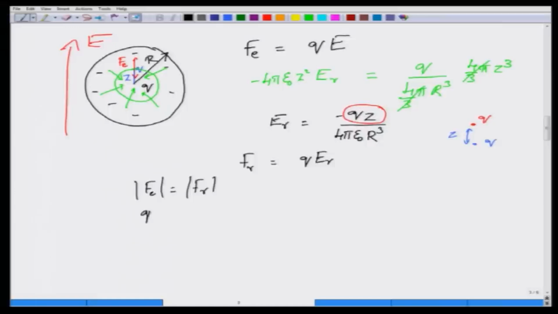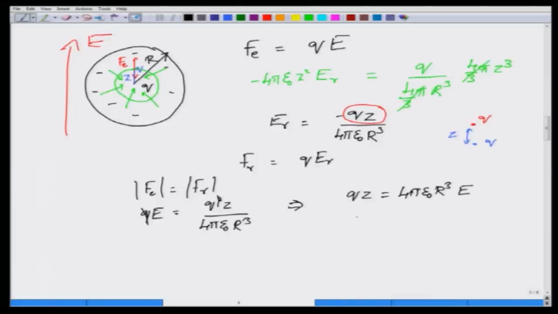So you have qE on the left hand side, which is equal to q squared z by 4 pi epsilon 0 R cubed. So q from the left hand side cancels with the q on the right hand side, and turning the equation around, qz is equal to 4 pi epsilon 0 R cubed times the electric field.